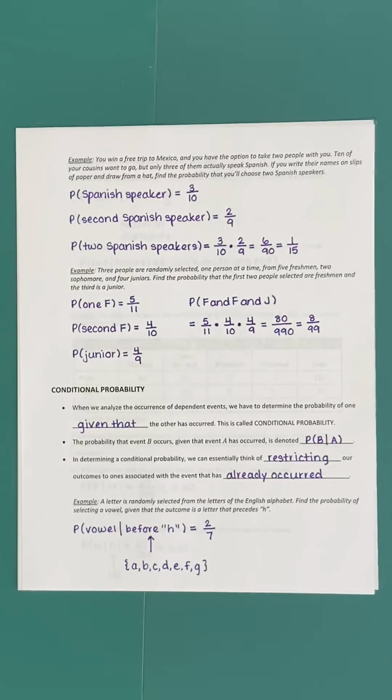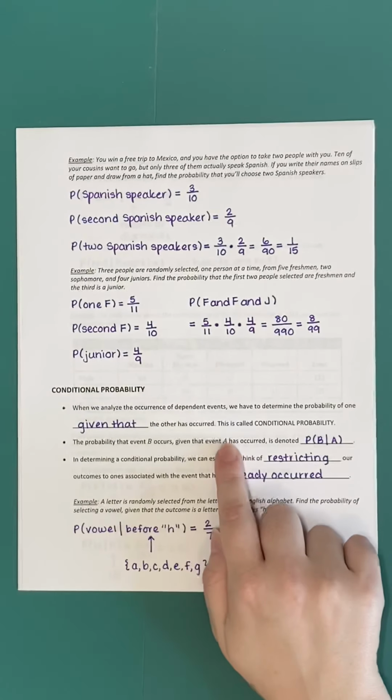In other words, when we look at the denominator for our probability, rather than using a denominator that's representative of the whole sample space of all the choices available, we only look at the choices that are available based on what we know has already happened. So if what's already occurred has then limited our choices, then we take that into account as we calculate the probability of the particular event in question.